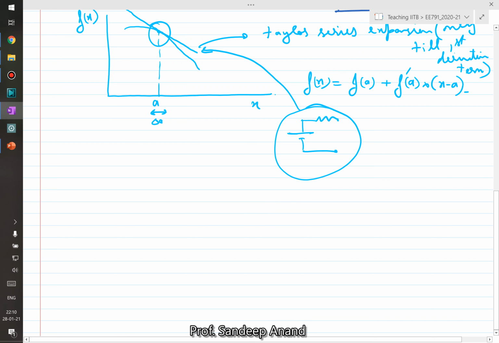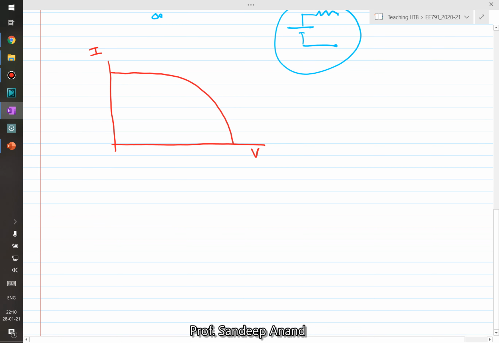So let us go to the solar photovoltaic, which is our actual aim. If I plot the current versus voltage of a solar photovoltaic panel, this is how it looks like.